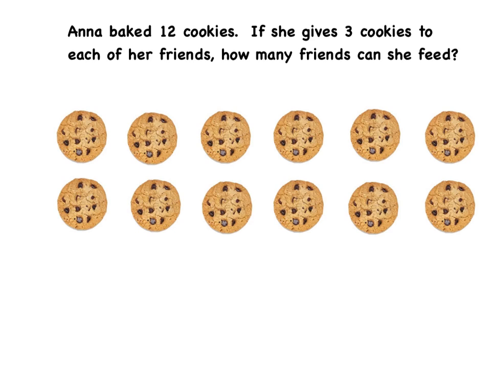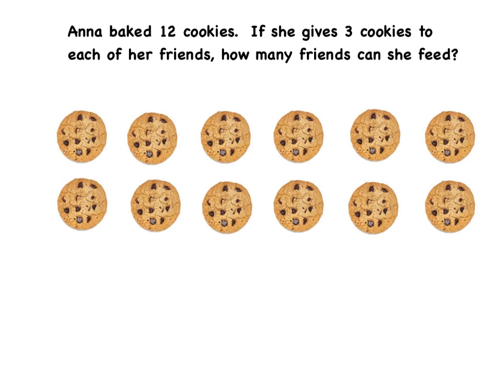One thing that's alike is that we're starting out with the 12 cookies that Anna baked again. But something that's different is that in this problem, we don't know how many friends Anna has. Instead, we know the amount of cookies that she gave to each of her friends. So we're going to have to solve this problem just a little bit differently. There's a couple of different ways that we can do this. One of those is to circle the groups of cookies.